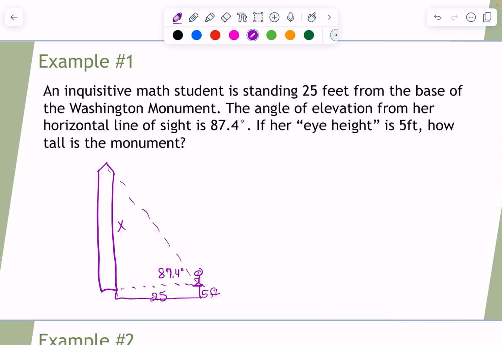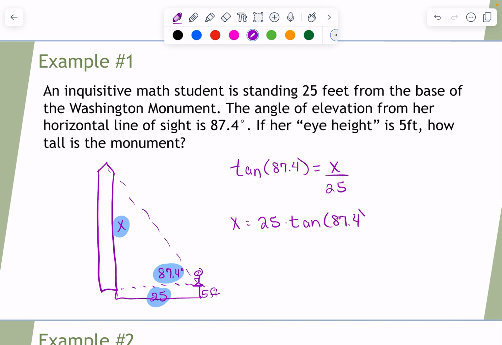So the first thing I'm going to do is look at my ratio, and here's what I have. I have an angle, I'm looking for that side, and I have that side, which we should be able to recognize by now as a tangent relationship. So we have tangent of 87.4 is equal to opposite, which is x, over the adjacent, which is 25. We're going to multiply both sides by 25. So we end up with 25 times the tangent of 87.4.